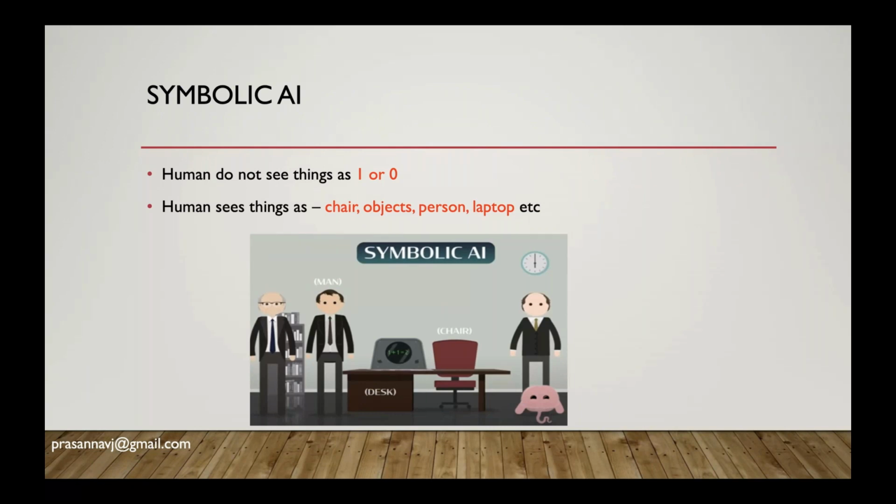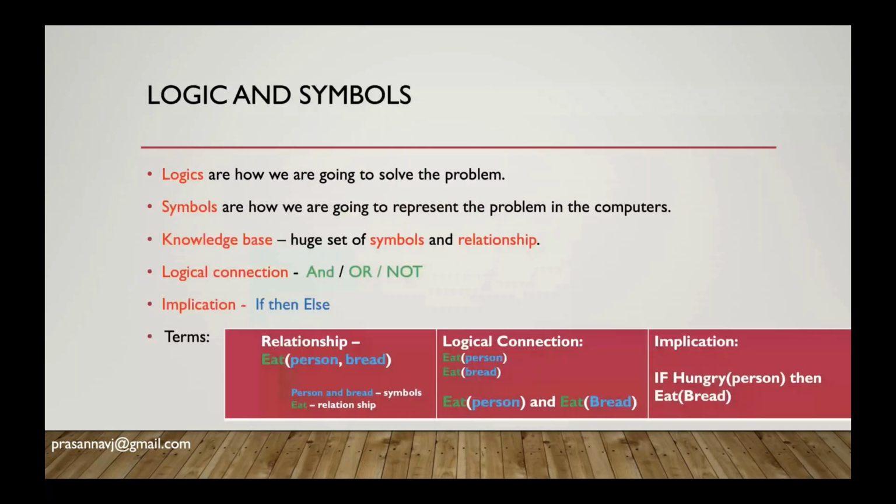Basically, machines see only zeros and ones, right? But humans see things in the real world as real objects. When you are in an office space, you see a chair, a man, a desk, and so on. These can be represented as symbols. Okay, these can be represented as symbols.